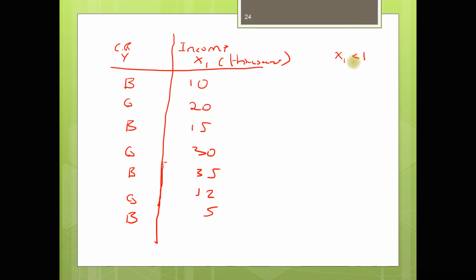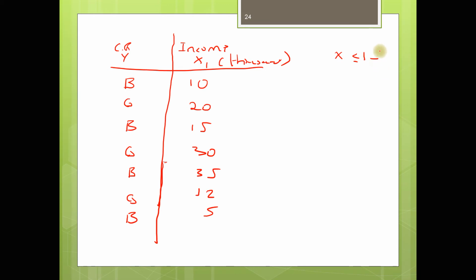Let's suppose it is less than or equal to 10 rather. I'm going to consider it as less than or equal to make things easier, because we would have an issue with only one observation. So let's suppose I take it to be not less than 10, excuse me, but I will take it to be less than 15.